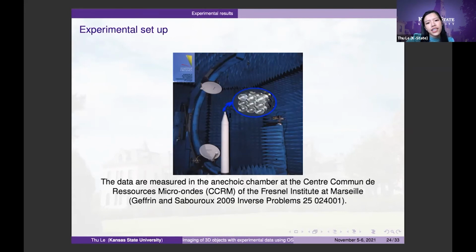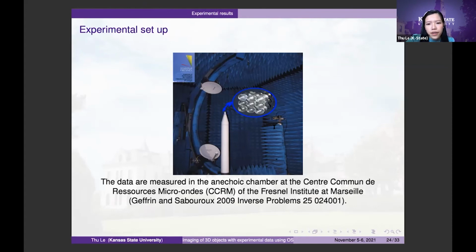The two antennas send an incident wave toward the object, and you can see the object is very tiny. It is on top of a pencil, and the pencil can spin around its center.